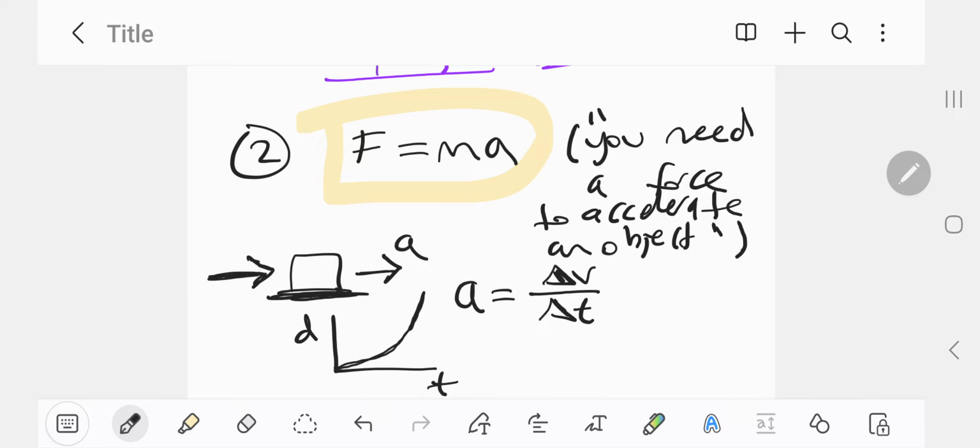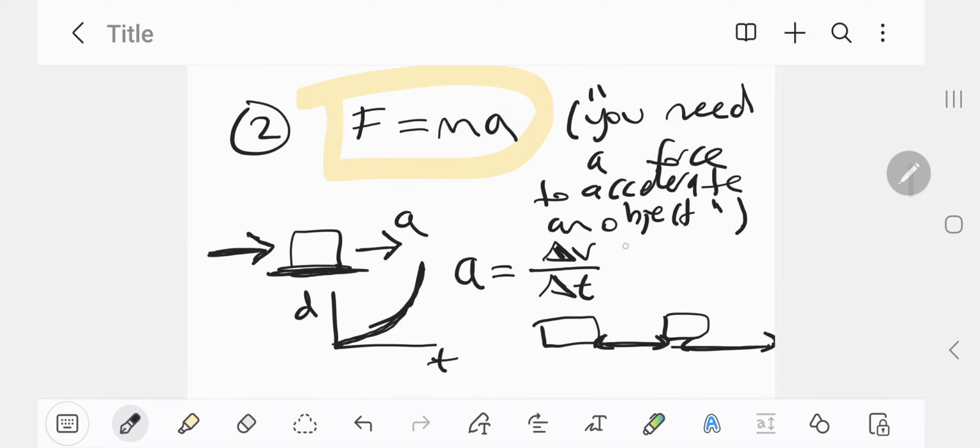I'm giving it a jolt, and its distance is rapidly increasing. So in other words, if I had a slow-mo camera, the box is starting here, then all of a sudden it's there, and then it's all the way there. So the distance is rapidly increasing. That's why it looks like a curve. And that's how you calculate acceleration: change in velocity over time. It's just final velocity minus initial velocity over final time minus initial time.